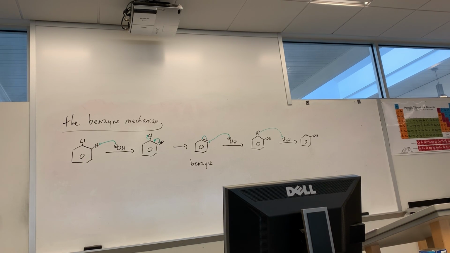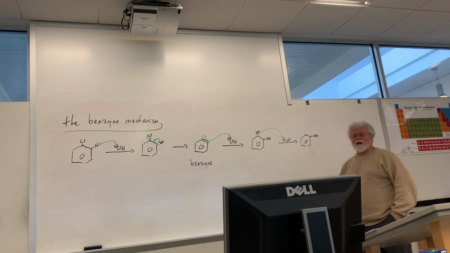I'm showing the hydroxyl group not on the same carbon that the original chloro group was on. Could it have been? It's still on the first carbon though. Yeah, I mean, in this particular case, there'd be no way of knowing.